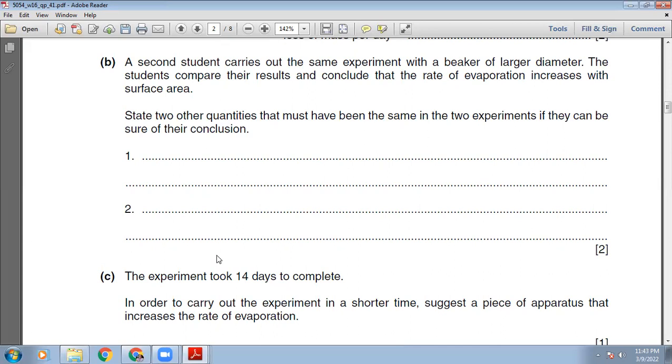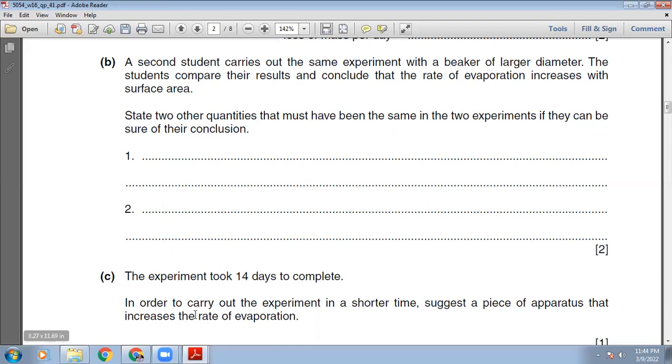That can be the one reason. And the other thing can be that both experiments should be subject to an environment in which the humidity is the same, because both these factors, the room temperature and the humidity, can affect the rate of evaporation. So they should be the same.